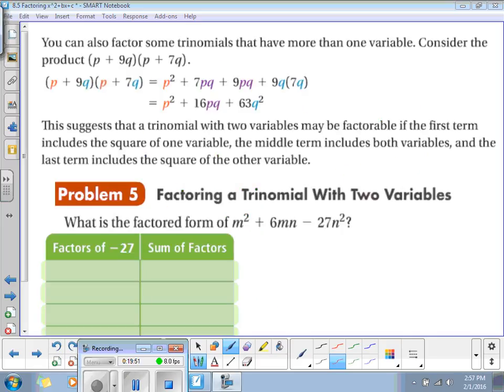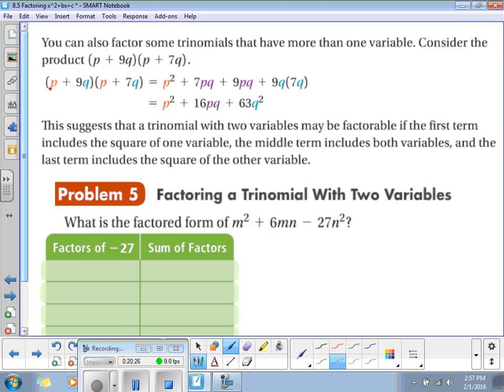You can also factor some trinomials that have more than one variable. Consider the product P times 9Q times the quantity P plus 7Q. Okay? If we FOIL it, we've got P times P, the first. P times P, that's P squared. First outer is going to be P times 7Q, which is 7PQ.